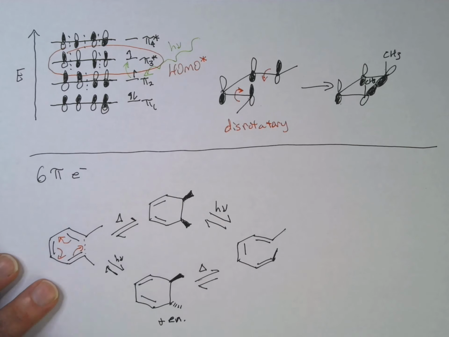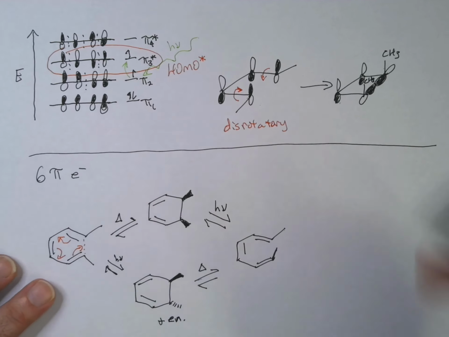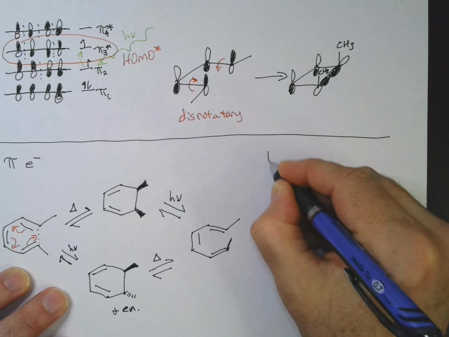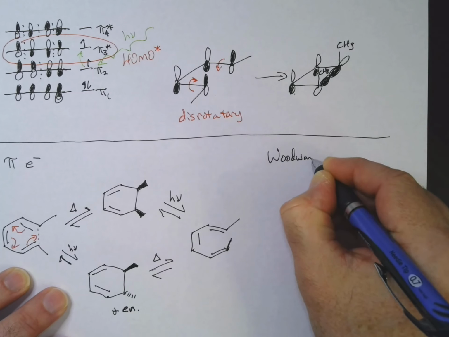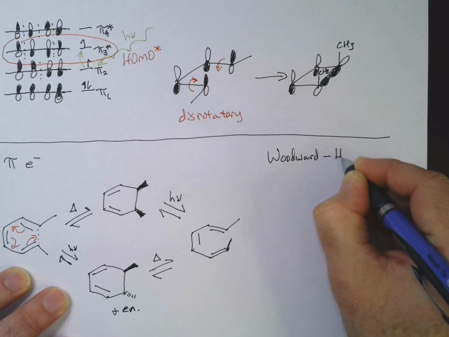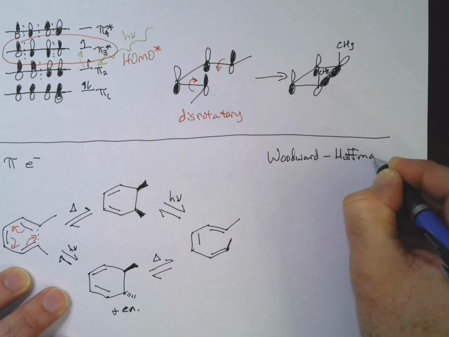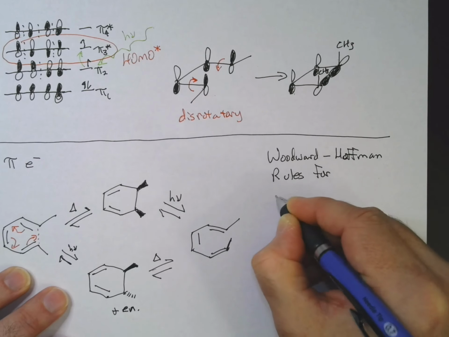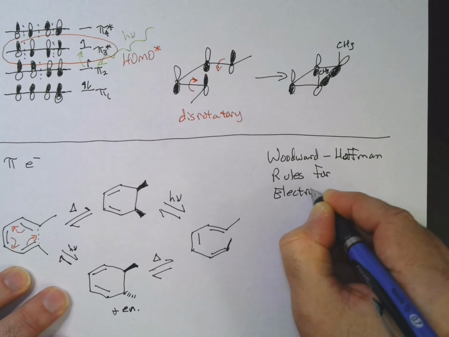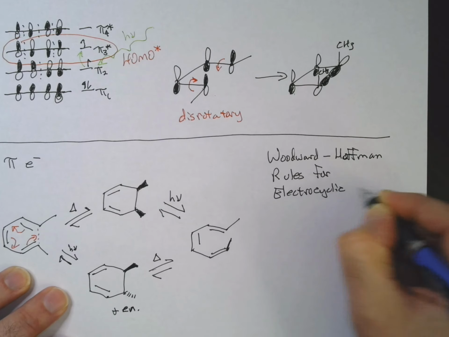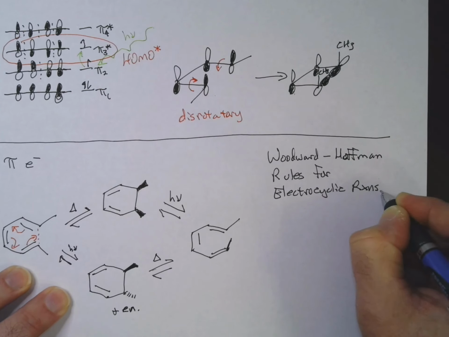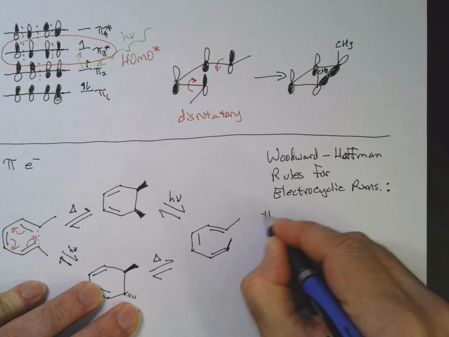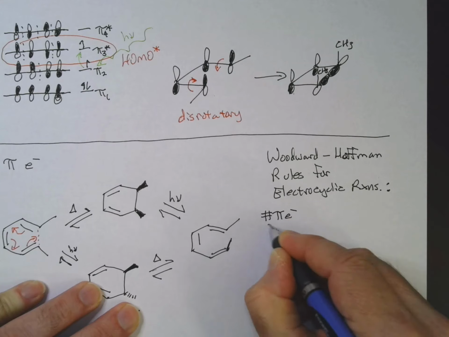What we end up getting at the end is a set of rules, a set of Woodward-Hoffmann rules. And so we'll have our number of pi electrons.